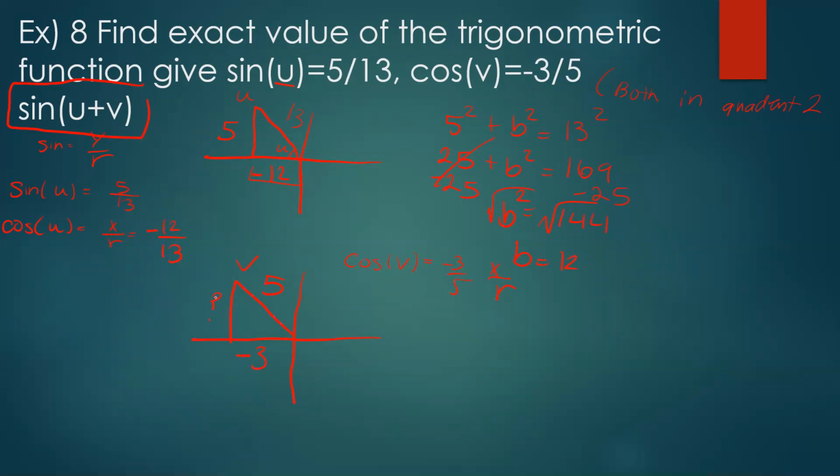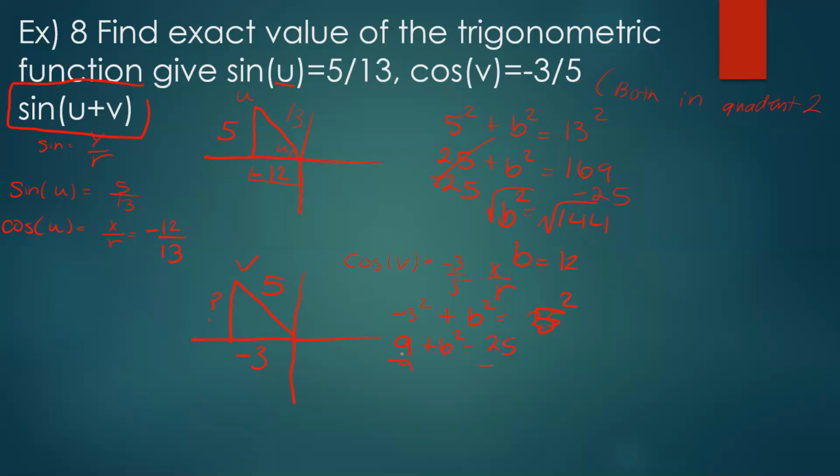How do we find that missing length? Using the Pythagorean theorem. So it's going to be -3 squared plus this length, we'll call it b squared, equals the radius squared, which is 5 squared, or 25. So -3 squared is 9, plus b squared equals 25.